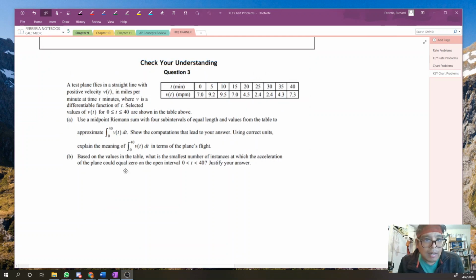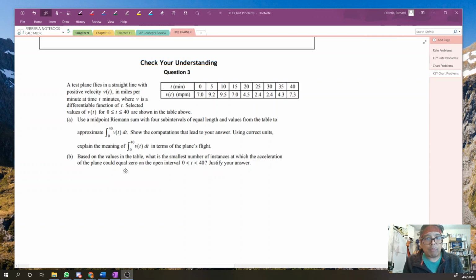All right. A test plane flies in a straight line with positive velocity v in miles per hour at time t minutes, where v is a differentiable function of t. Selected values of velocity v(t) on the 0 to 40 minute time interval are shown in the table.